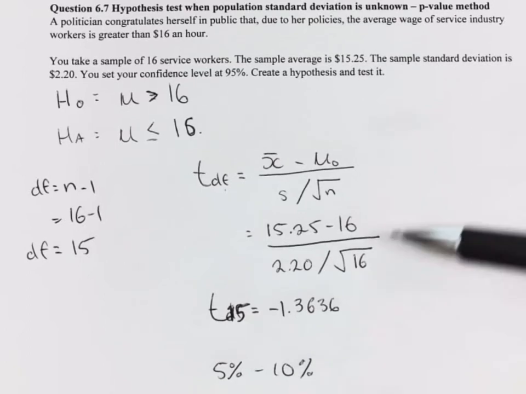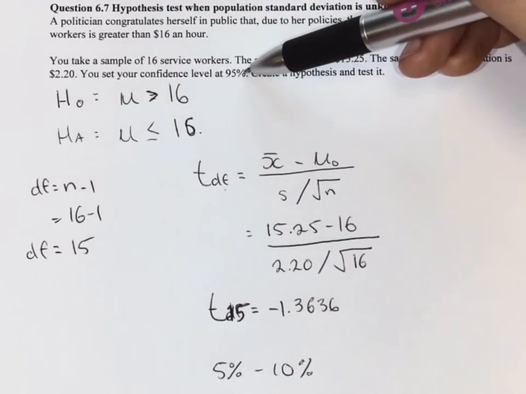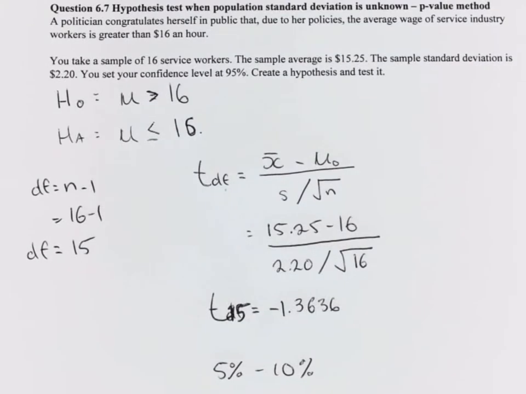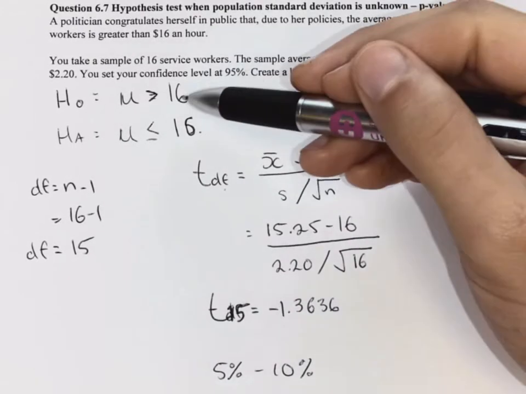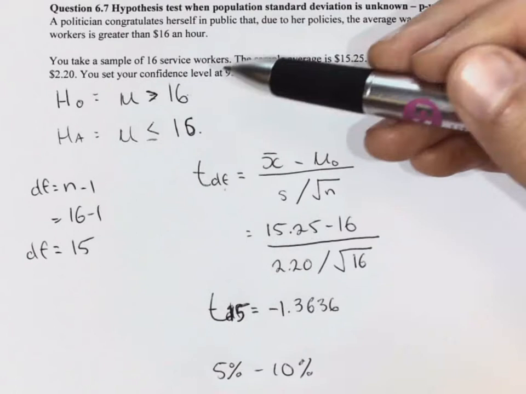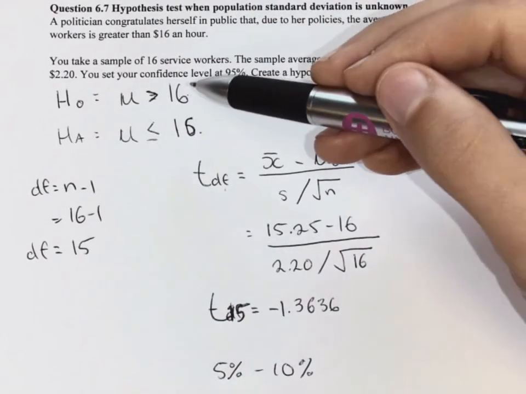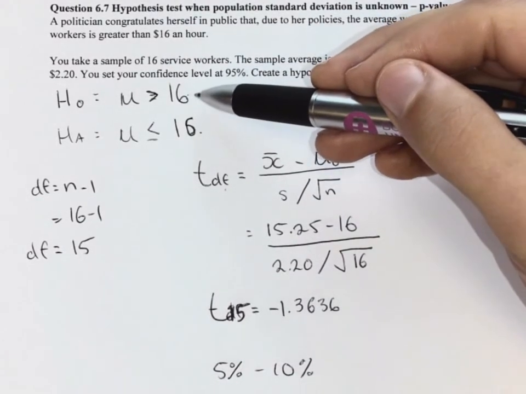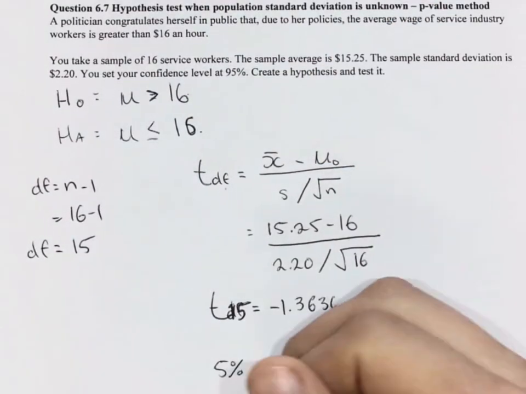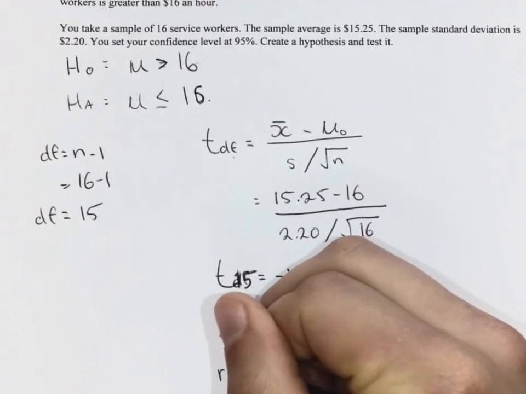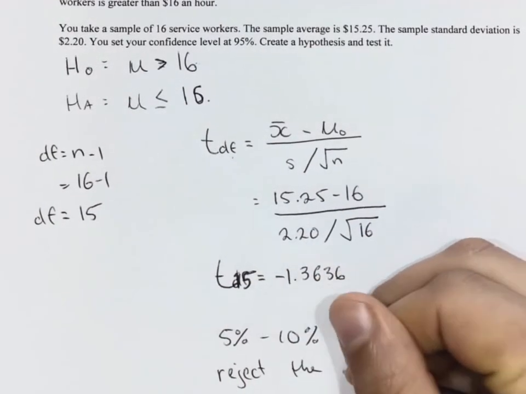So because our confidence level is at 95%, which gives us a significance level of 5%, this happens often enough that we don't have the evidence to reject the null hypothesis. We can reject the alternative. Now, this is not saying that this is correct, but we don't have enough evidence to outright reject this. So we're going to reject the alternative.